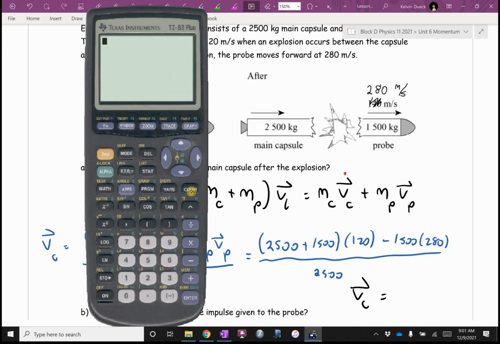Ooh, I got to put that whole thing in. Okay, I need to open up a bracket for the top and then open up a bracket. I'm totally wrong. Oh, I got a times sign in there.